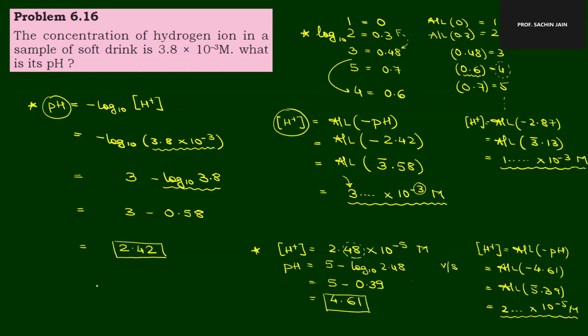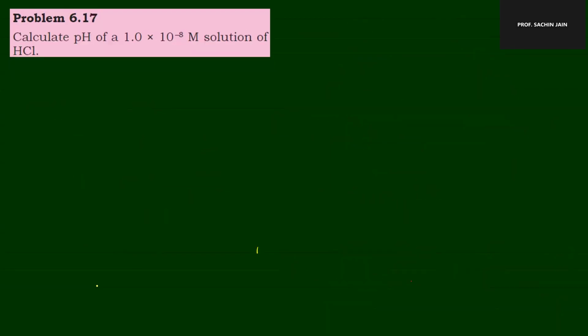क्या कैलकुलेशन में कोई डाउट? Calculation, sir, water concentration is also mentioned. What are the conditions for when we take it and when we don't take uska H plus? See, you're supposed to calculate pH of 10 power -8 molar solution of HCl.